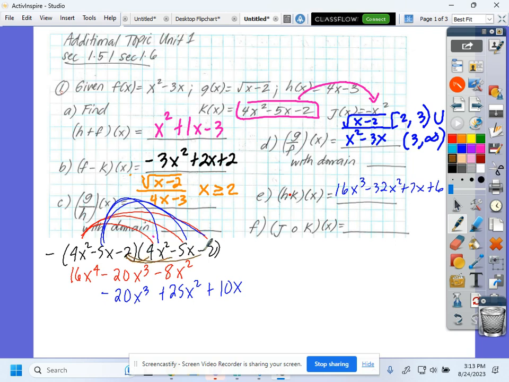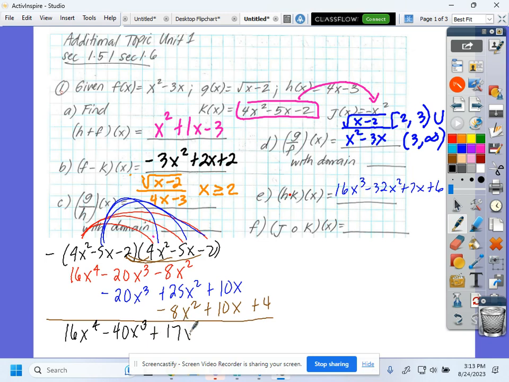Multiply to the 3 of them. So the answer here so far will be 16x to the 4th minus 40x to the 3rd power plus 17x squared plus 20x plus 4.